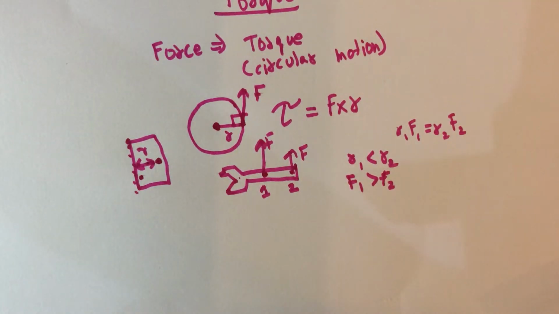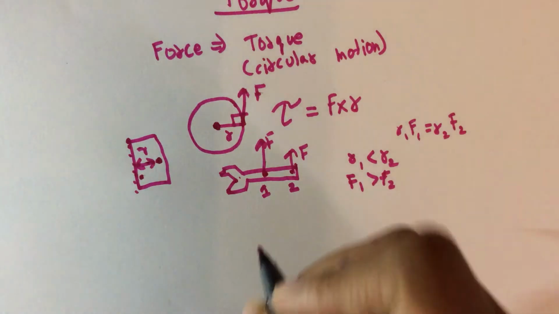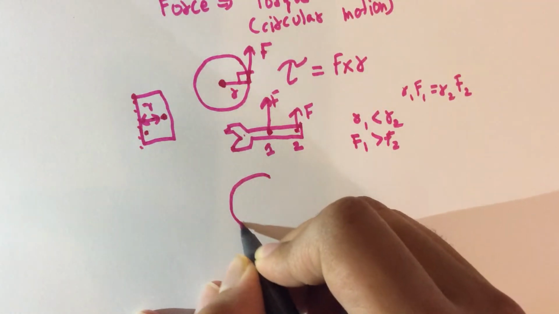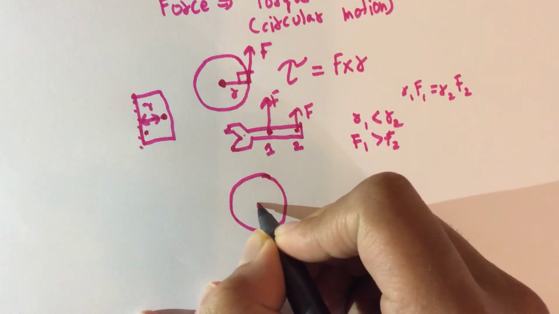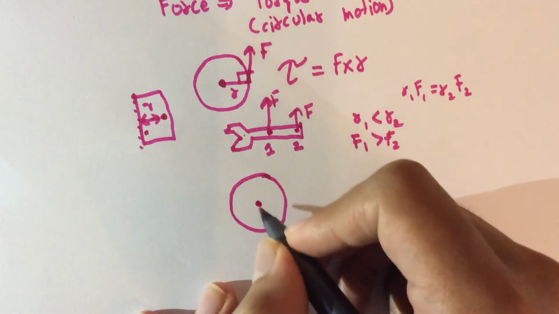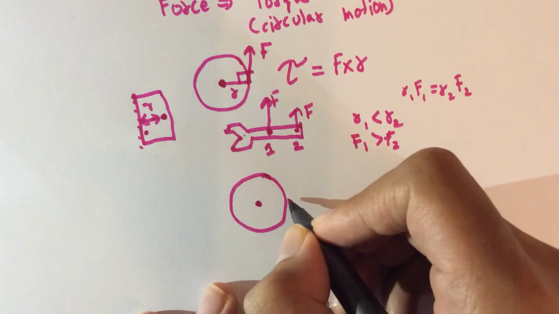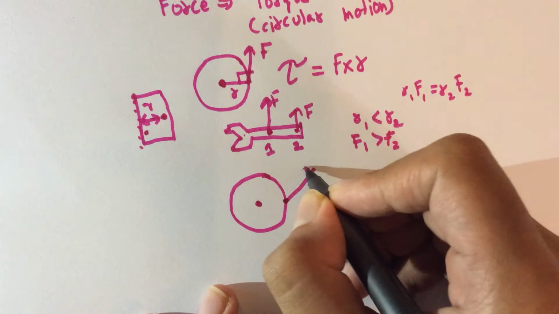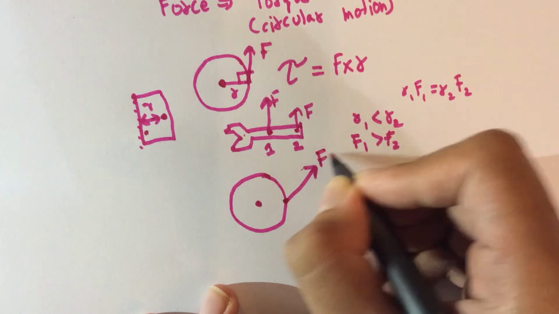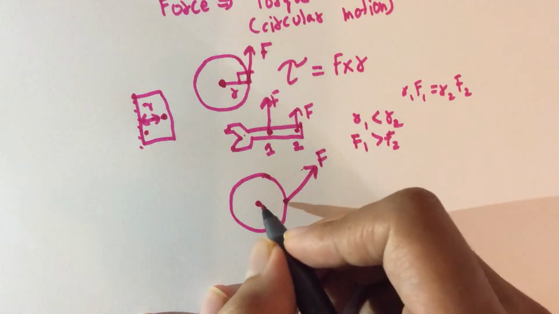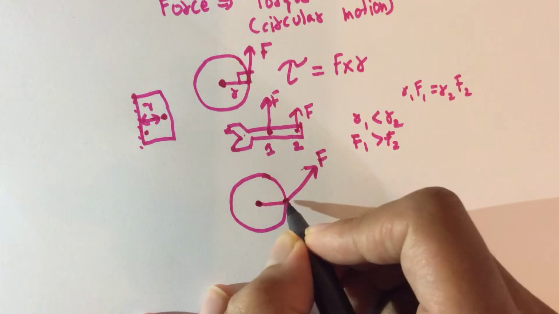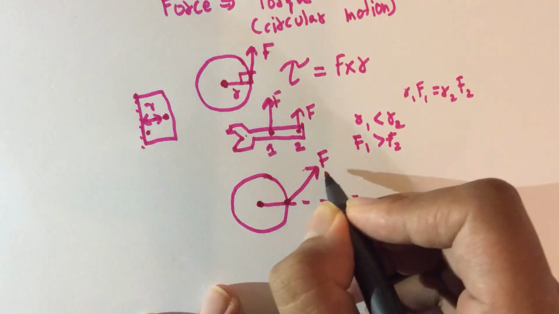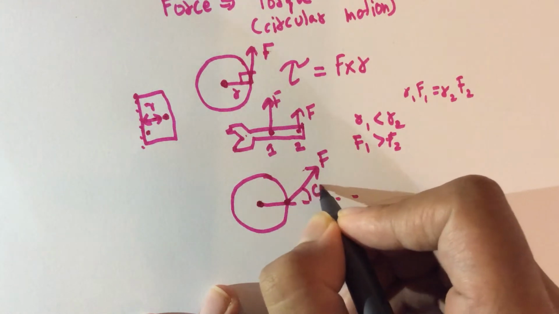Now something else that is important as well. Let's say that my force wasn't acting perpendicular to the point. Let's say it was acting at a certain angle, and the angle between the line going towards the center and the force is theta.